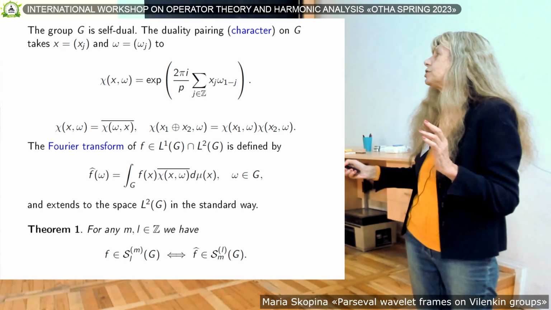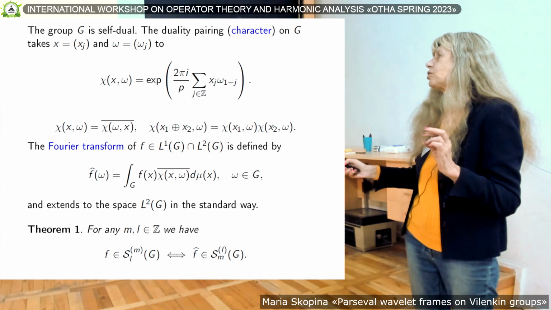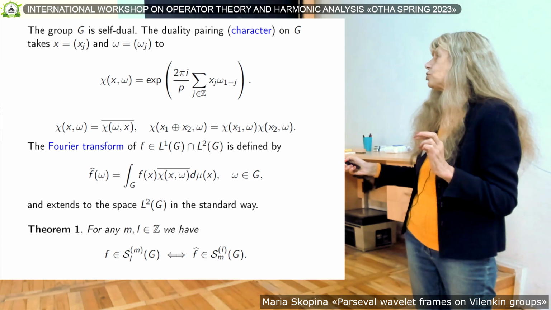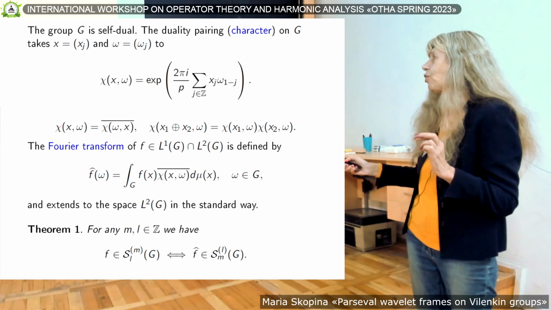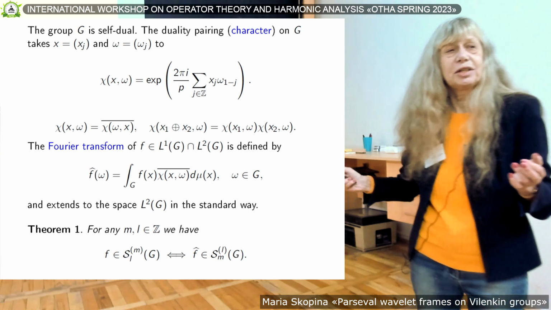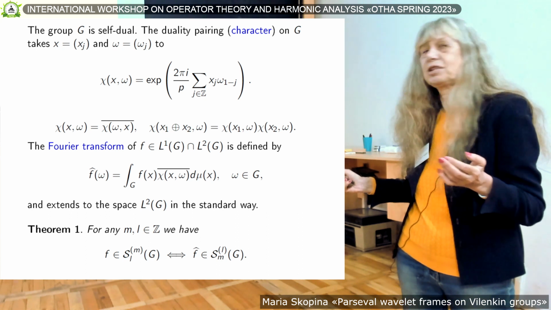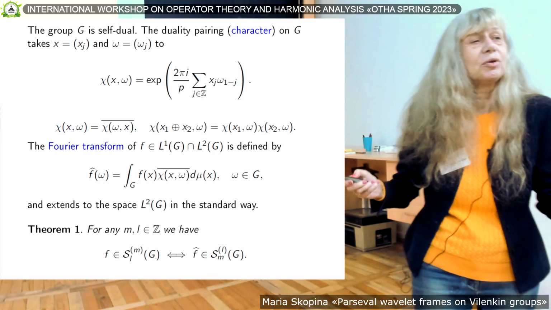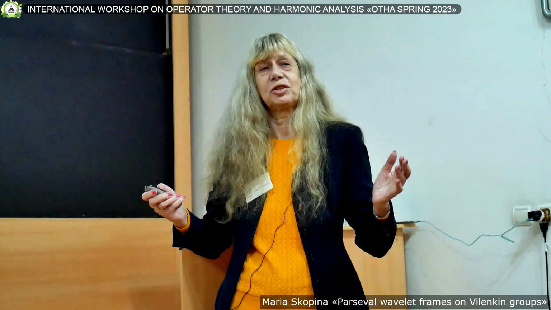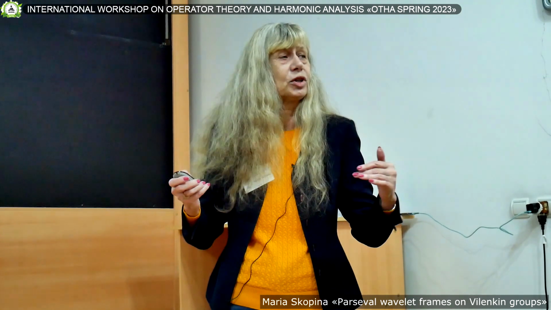Now, an important theorem. f belongs to the class of step and compactly supported functions if and only if its Fourier transform belongs to this class. And now it is clear why functions from this class are very good functions, because it is an analog of the Schwartz class. What we want from functions is for them to be as smooth as possible and to decay as fast as possible.